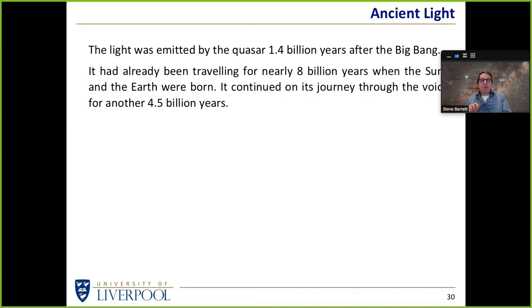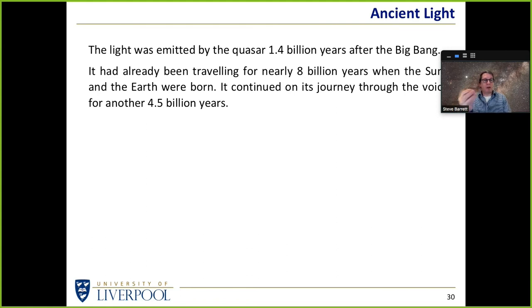It had already been travelling for something like 8 billion years when the Sun and the Earth were born. So in other words, we're talking about a journey that started long before the Earth ever even existed, or the solar system existed. So for 8 billion years it was travelling through the void, and after 8 billion years or so the Earth was formed in the solar system.